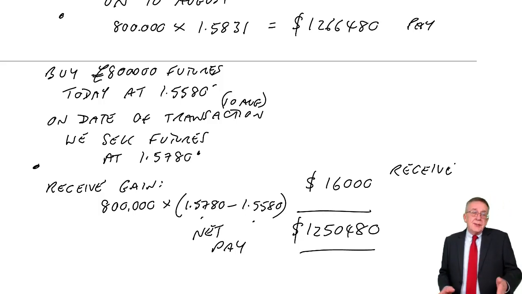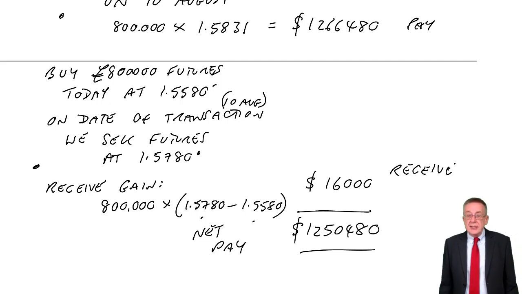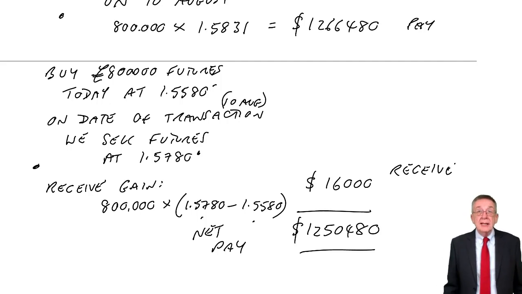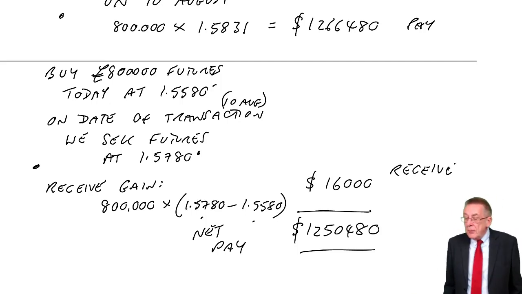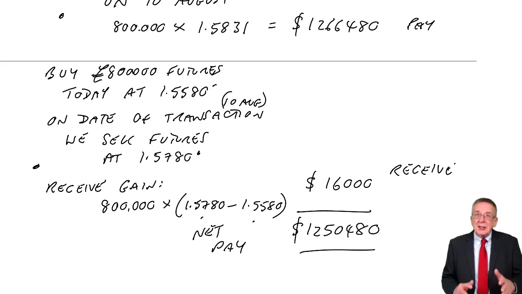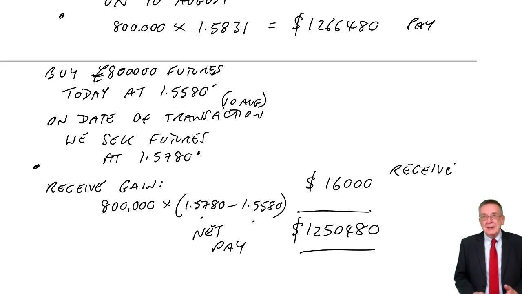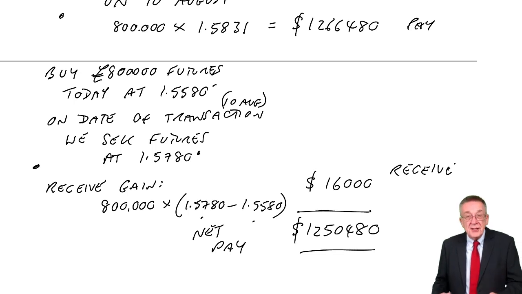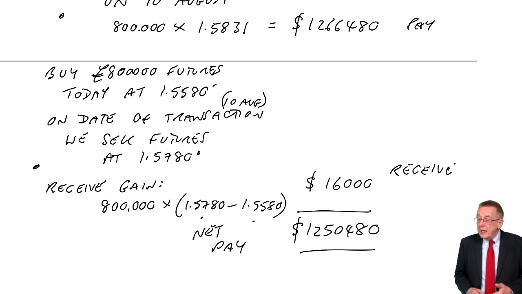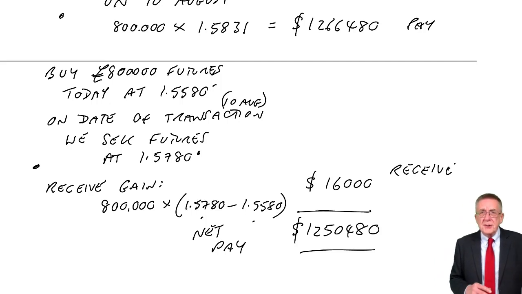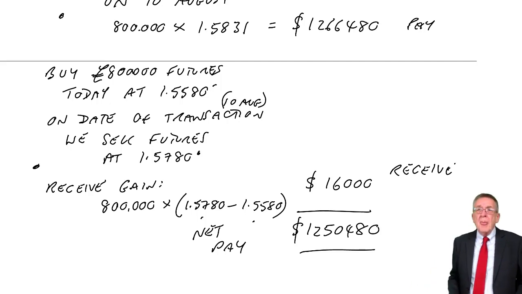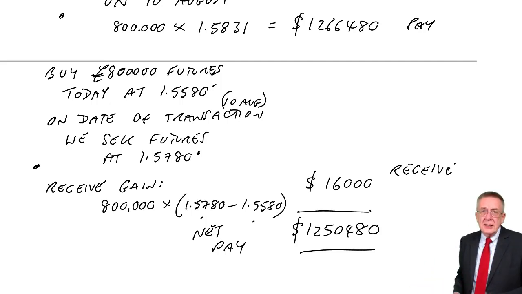It depends what's being quoted, but they might say, for instance, futures can only be dealt in units of 150,000. In which case, we wouldn't be able to do it on exactly 800,000. 150,000 doesn't divide. We'd either have to deal in slightly fewer futures or a few more futures, and it wouldn't end up balancing exactly.